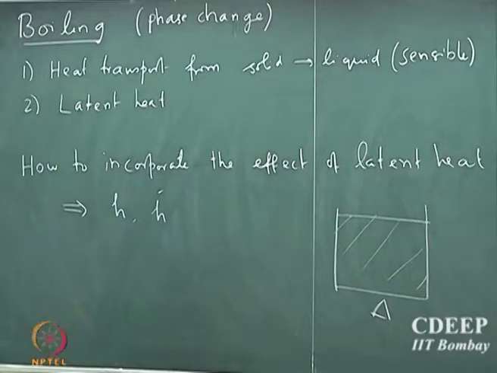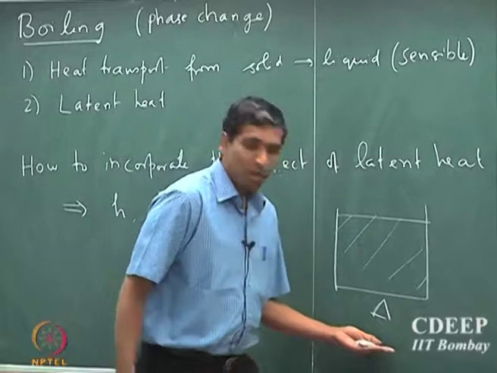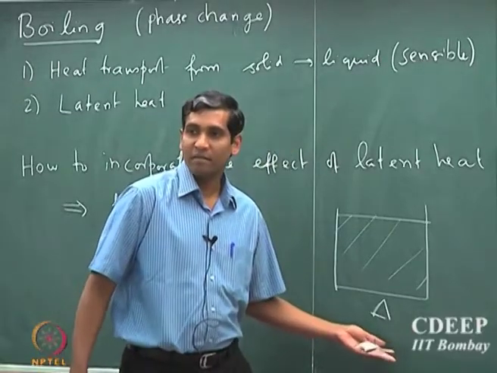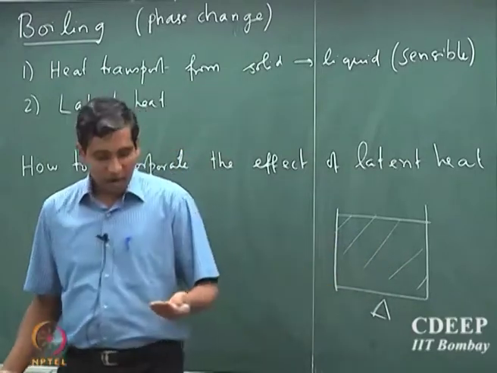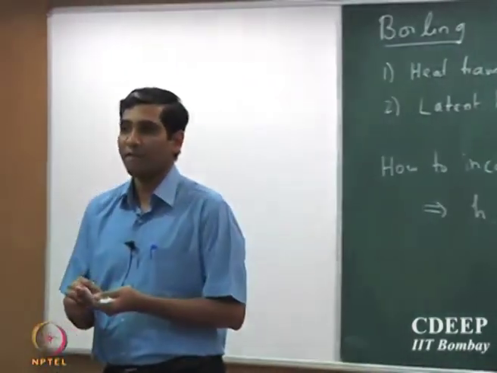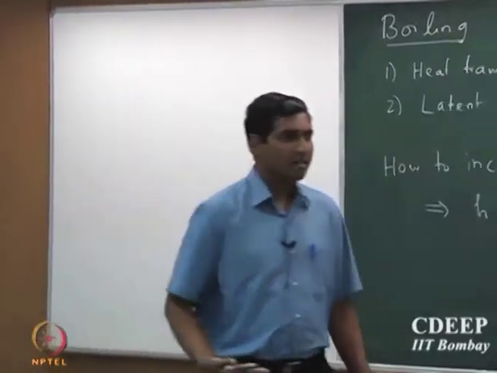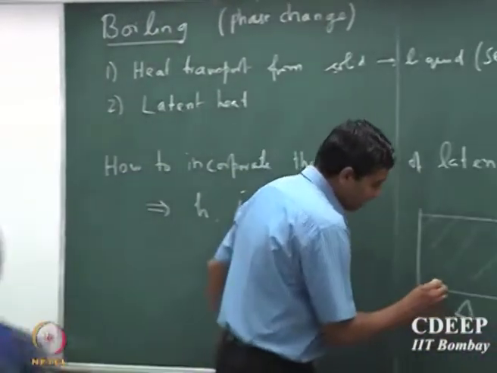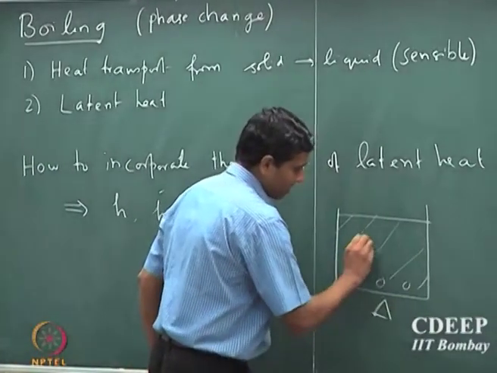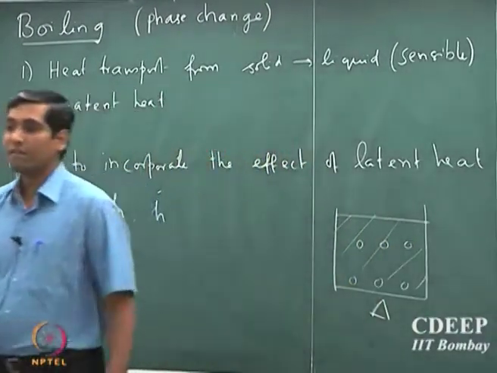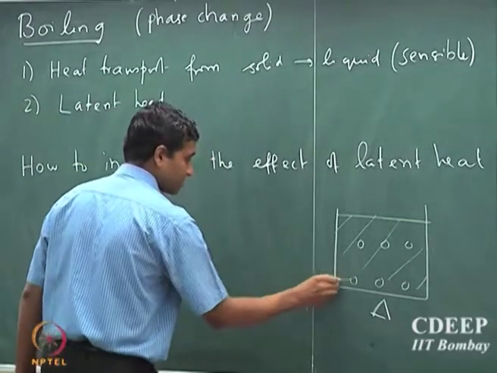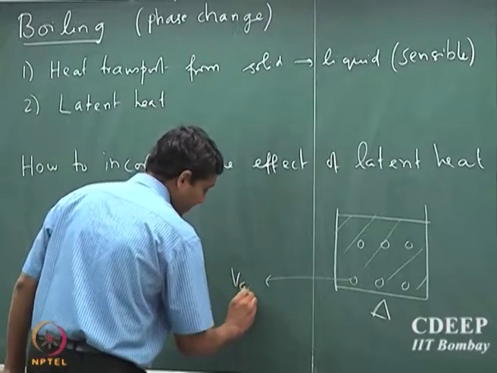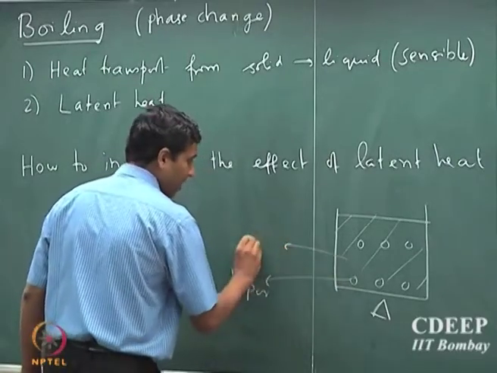So the question we want to ask is, what is the net amount of heat that is transported from the solid to the fluid? Now it is not enough to just say solid to fluid, we have to qualify it with something else, and the reason is that the fluid is now boiling and there is a change in the phase of the fluid. So the fluid is now going from, so this is the vapor state of the fluid and this is the liquid state of the fluid.